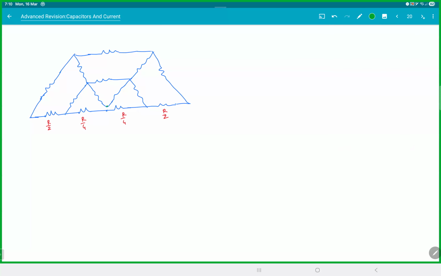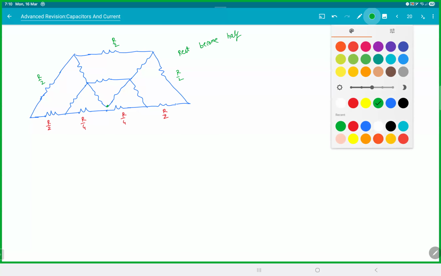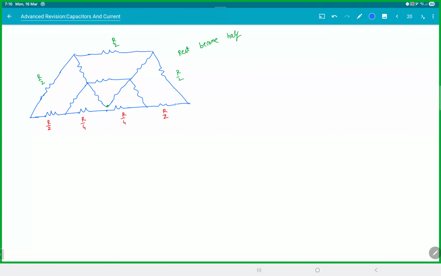I'll just leave it like this. Rest becomes half. Maybe I can write a few of them. So this is R by 2, R by 2, R by 2. Perfect. And then what? This thing, if you see carefully, you can just open it up.